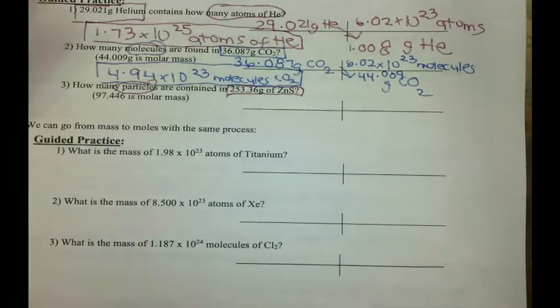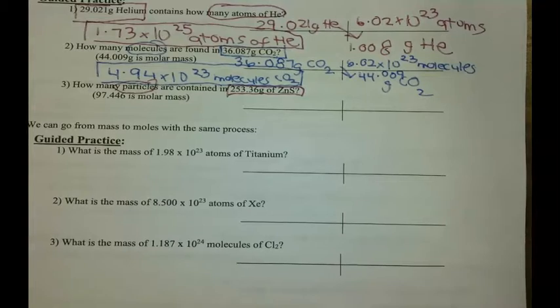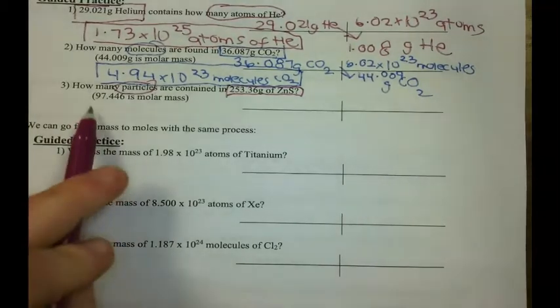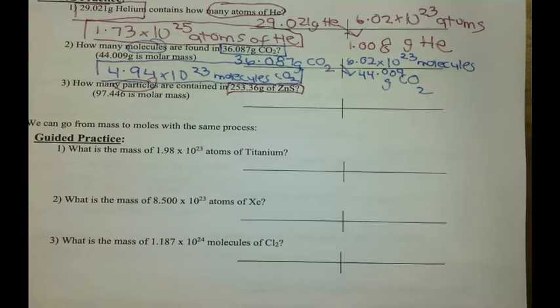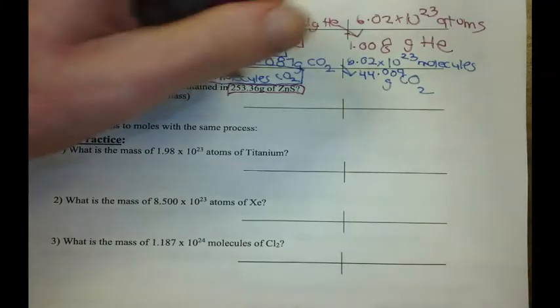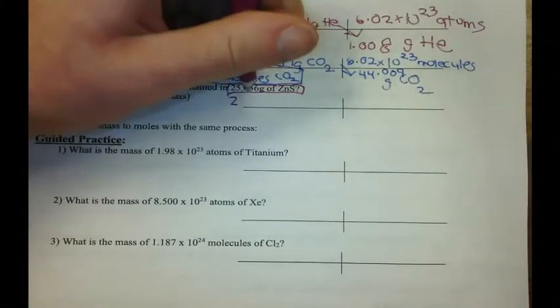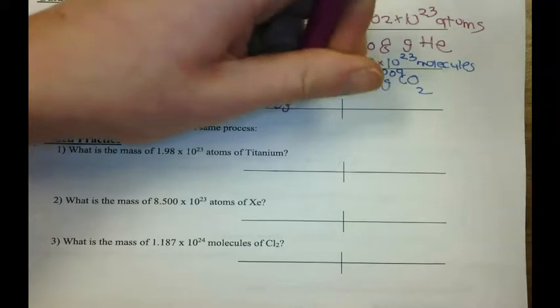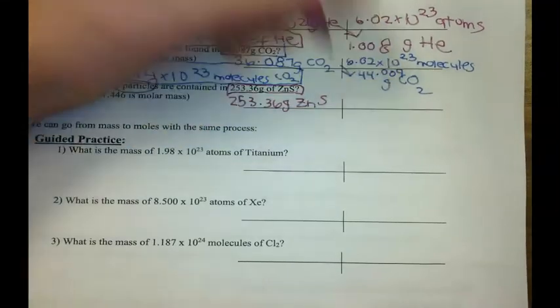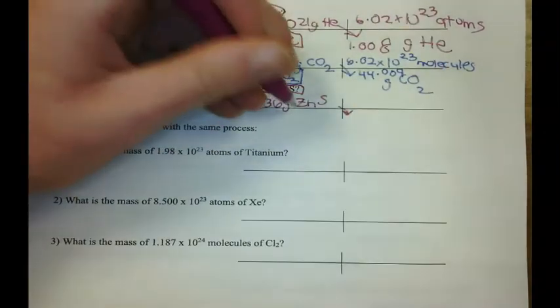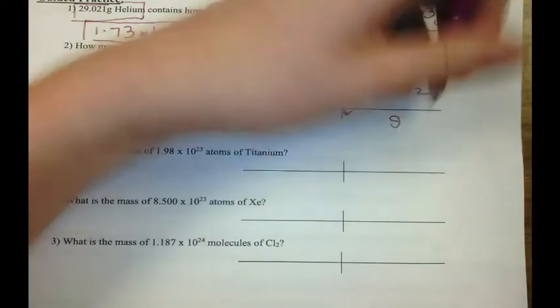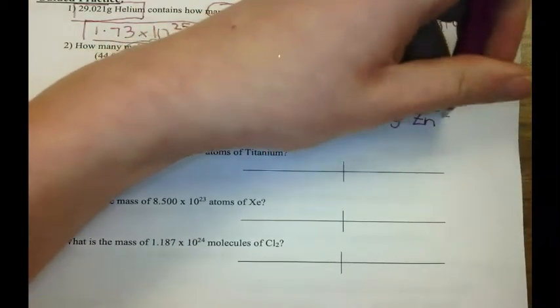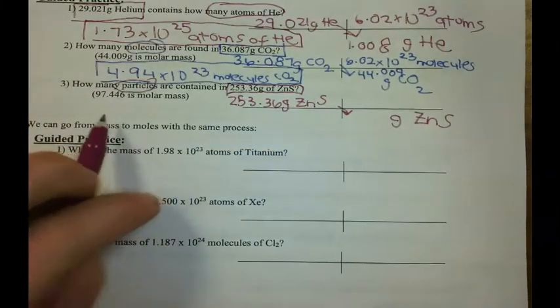We're looking for particles given this amount, and then we also gave you the molar mass instead of making you calculate it. So I'm going to write what I'm given. 253.36 grams ZnS. Disco down your units. So I'm going to disco down grams ZnS. We have the molar mass.